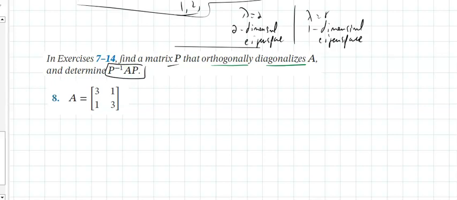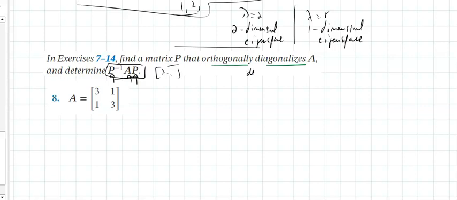If you recall how we did this back in the days, these are the eigenvectors. This is the inverse of that, which is the transpose, and this is A, and that should give you the lambdas across the diagonal, which is a diagonal matrix. Let's see how this works.